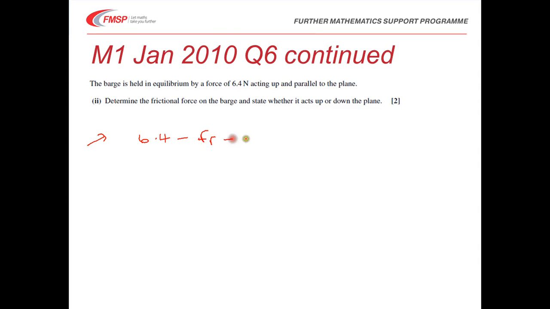So the friction and the 4.2 component of the weight act down the plane, and we're in equilibrium. So rearranging, 6.4 minus 4.2 is equal to the friction, and that works out to be 2.2.